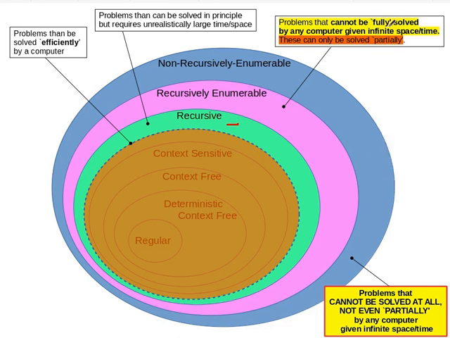So what do we mean by fully solved and partially solved? That will be defined much later in our course, after we have gone through all this regular and context free and context sensitive, this sort of thing.